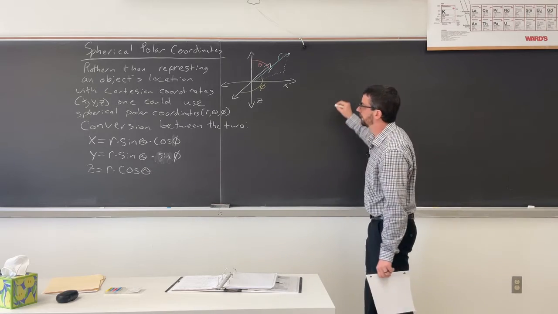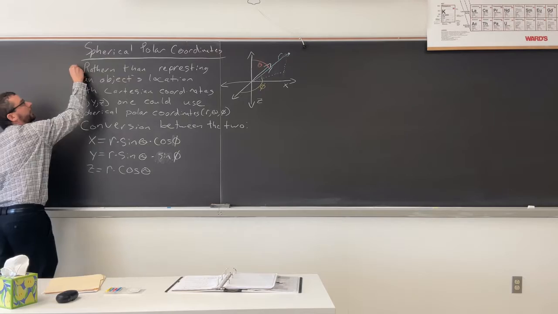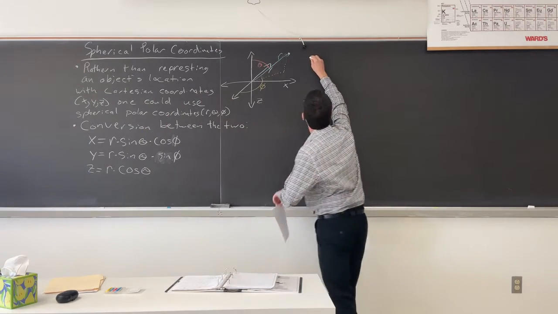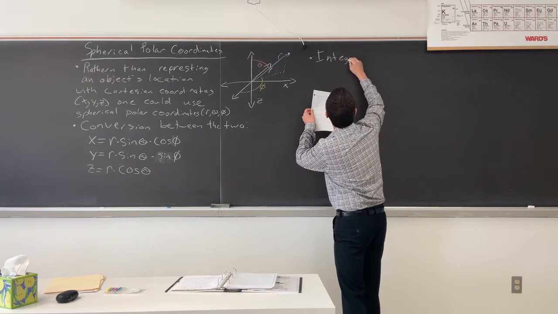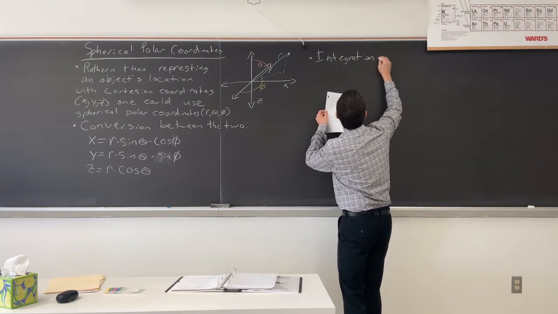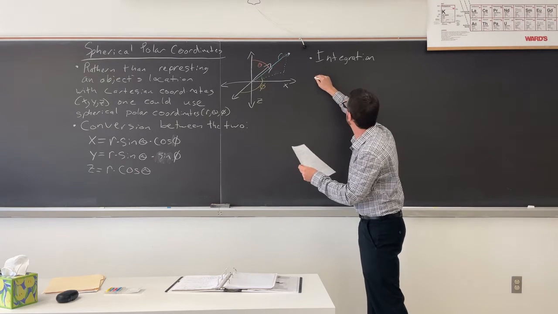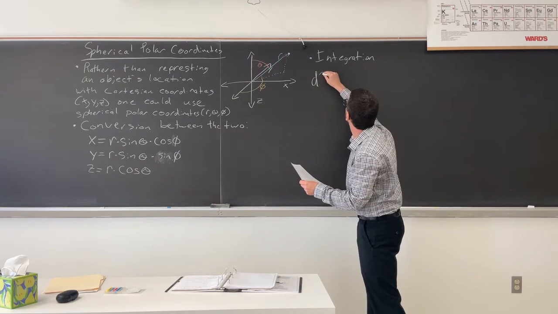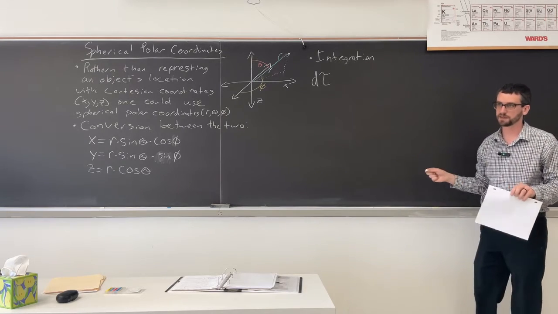Okay, another important point. So put a dot here. Integration. In spherical polar coordinates, we used d tau, which is just a generic integration set, right?